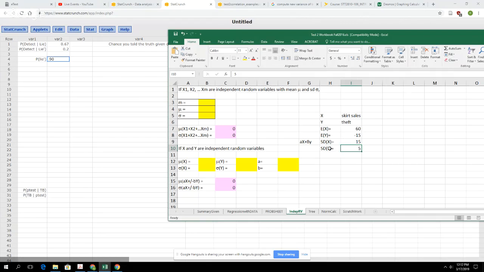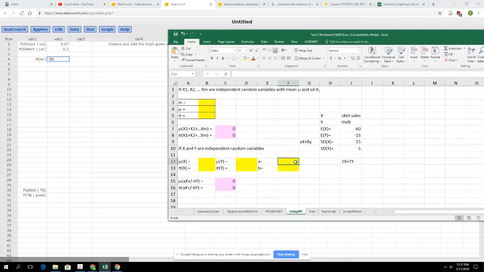Okay, so now I want to add these together to get my total expected earnings, right? So I'm going to use the 1x plus 1y, right?